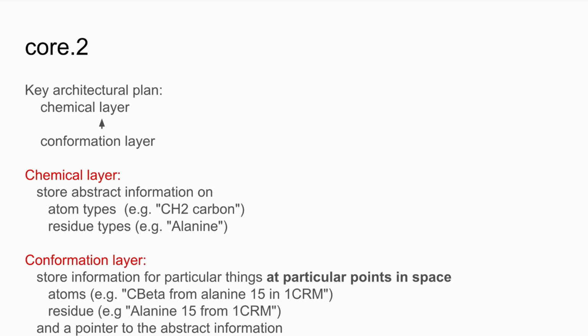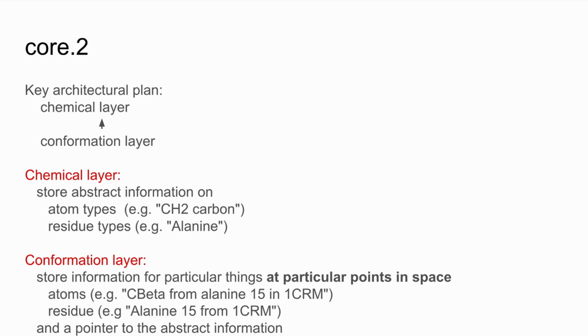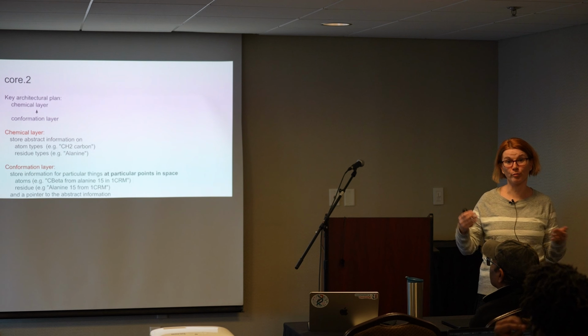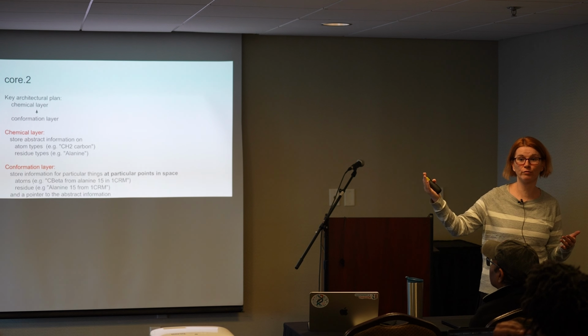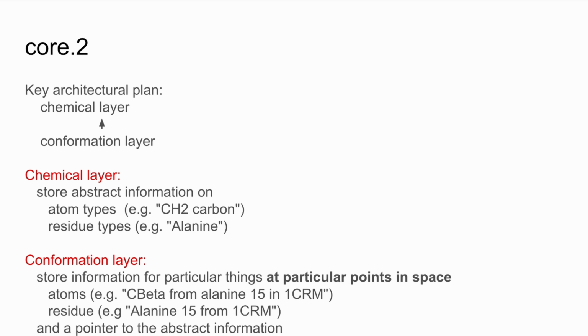And then you have the confirmation layer on top of that, where basically you're storing whatever atom or residue types you have, but at particular points in space. So now you're actually attaching this to 3 dimensions. And so this is really what the confirmation layer is. So again, remember, if you have a protein and you have a specific confirmation of a protein, that's basically what this is. And so we need to have the chemical layer first because we need to define what the concepts are, and then we can attach the 3 dimensions to it.